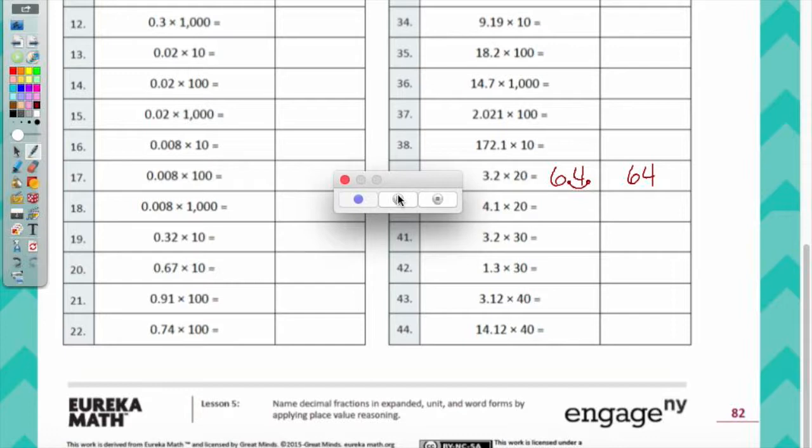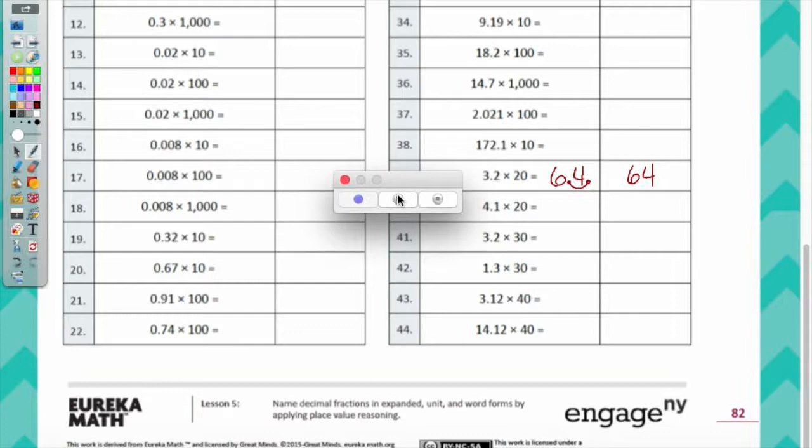Number 4, 736, 7,360, 73,600. 6/10, so that would be 0.6. 6 hundredths, 3, 30, 300. 2 tenths, 2, 20, 8 hundredths, 0.08. 8 tenths, 8. 3 and 2 tenths, 6 and 7 tenths.